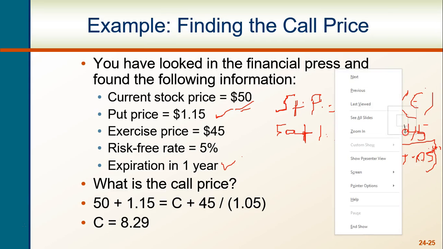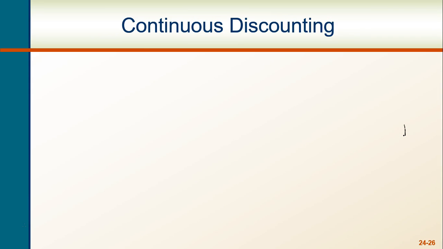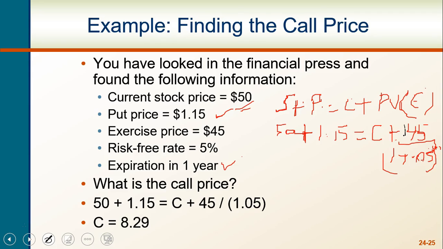This item here is an example of discrete discounting. What we are supposed to do with options contracts is use continuous discounting. I hope you remember that from your time value of money, which you would have done in the Financial Management 1 course.